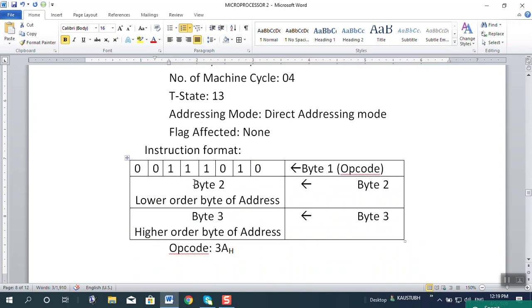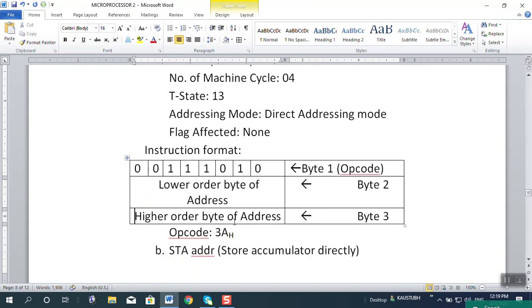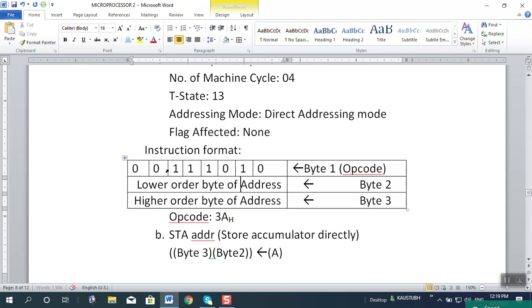So the instruction format: the opcode is 0 0 1 1 1 0 1 0.